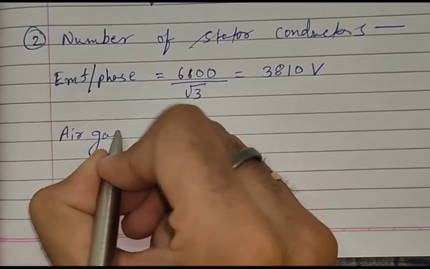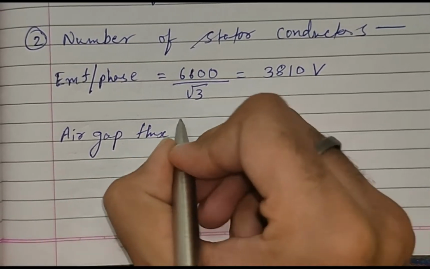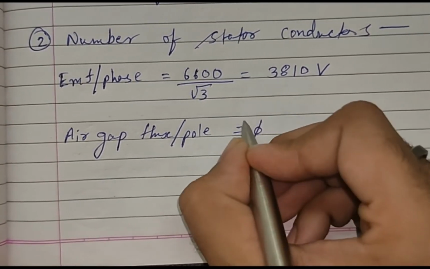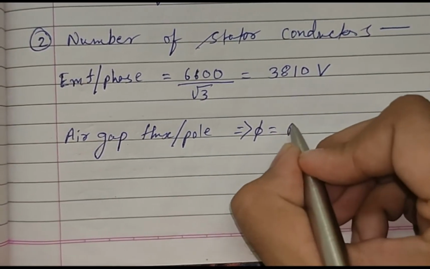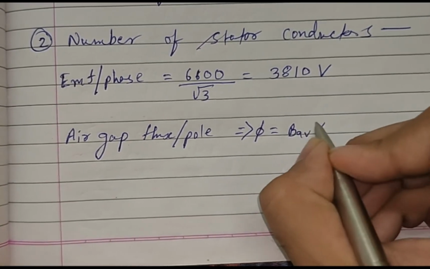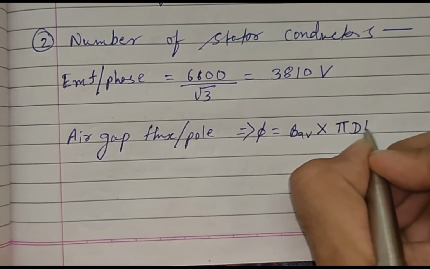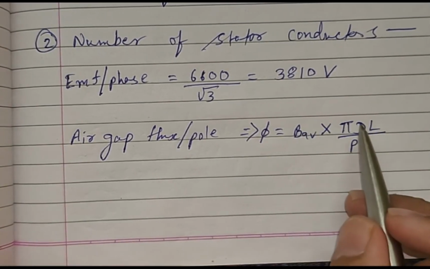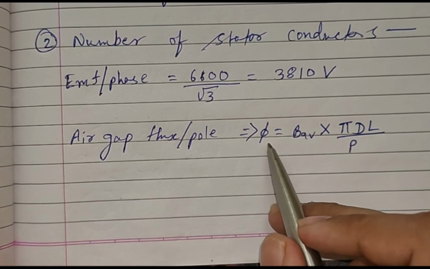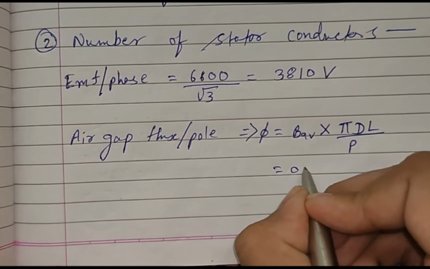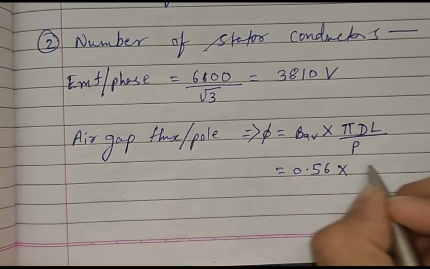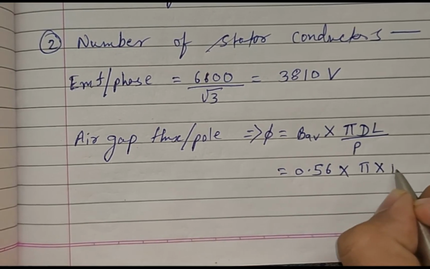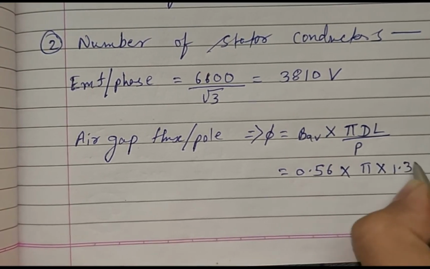So the air gap flux per pole can be given by phi, which is equal to BAV multiplied by pi dl upon p. Since we have the value of all the variables, we can find out the value of phi. The value of BAV is 0.56 multiplied by pi multiplied by the value of D, which is 1.32.